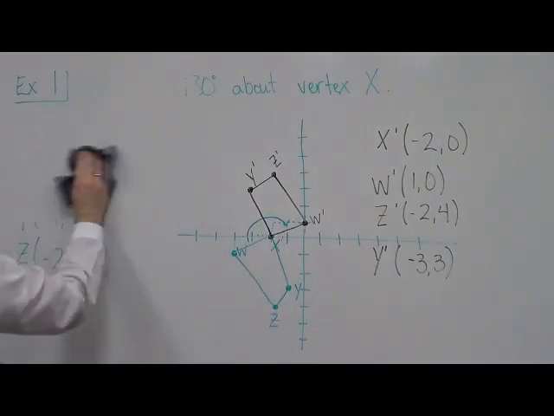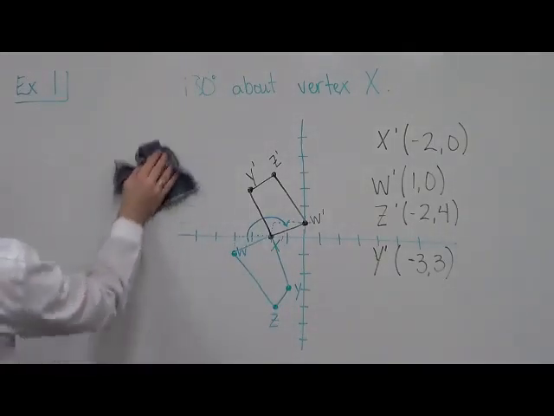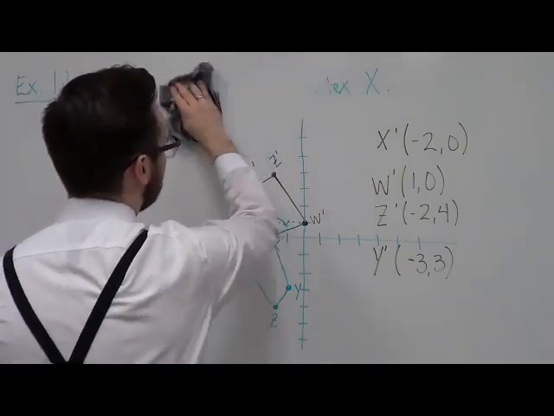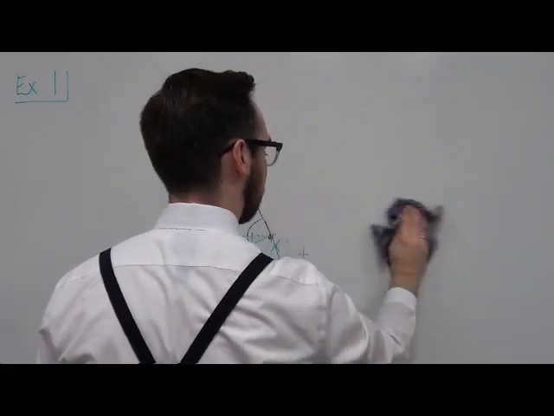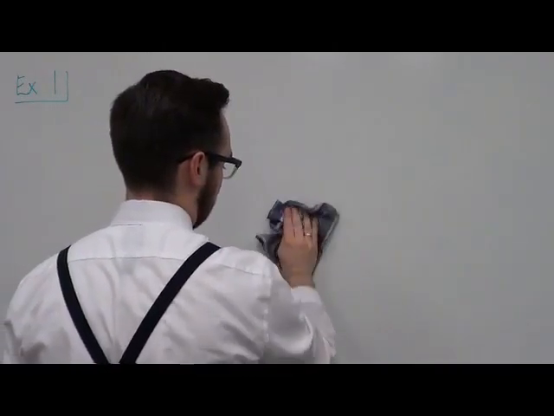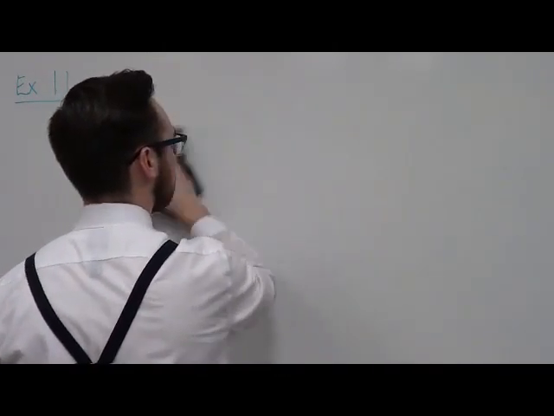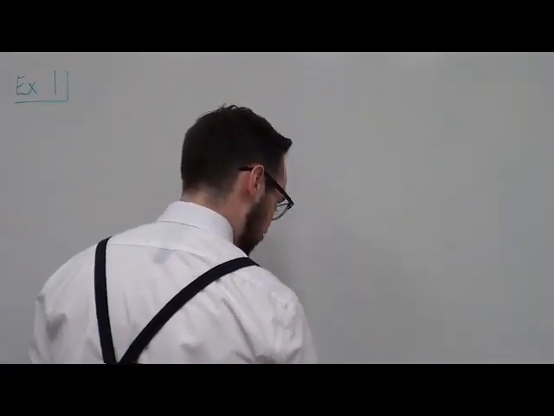Alright, we're going to go ahead and look at a 270 degree rotation, because I think these ones are a little more difficult. Let's go ahead and take a look.